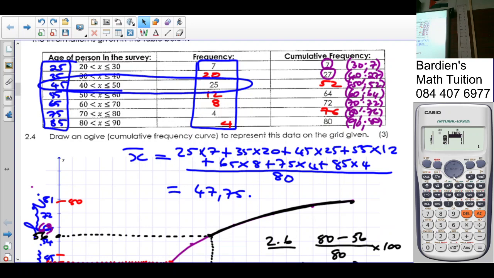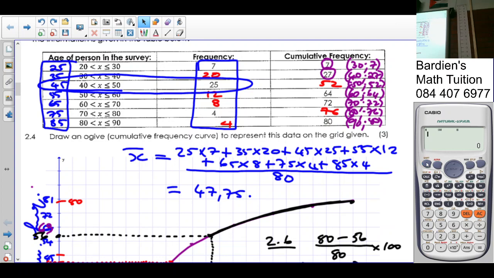But it's actually 7 in the first category, 20 in the next one, 25, then 12, then 8, then 4, and then another 4. Okay. Then again we press shift 1. Oops, I didn't press AC. I must first press AC so the calculator can store this.